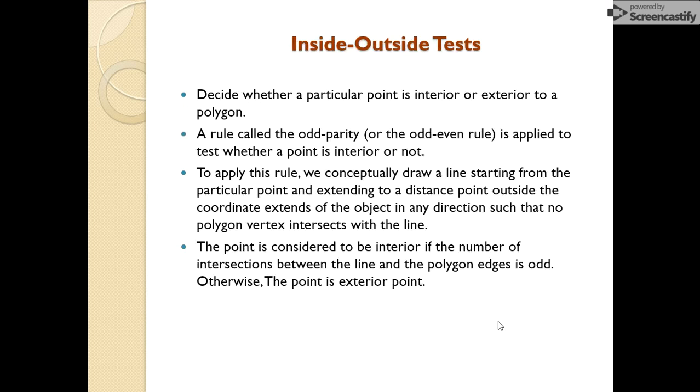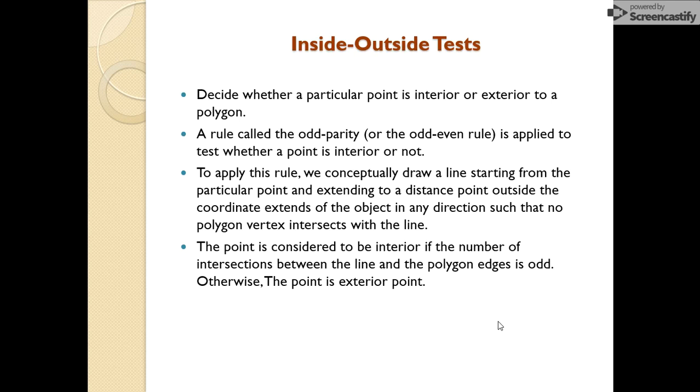We have various tests that we can perform to decide where a particular point is located, whether it is inside or outside. We have a rule called the odd parity rule to test whether the point is interior or not. We draw a line starting from a particular point and extending to a distant point outside the coordinate extents of the object, in any direction such that no polygon vertex intersects with the line.